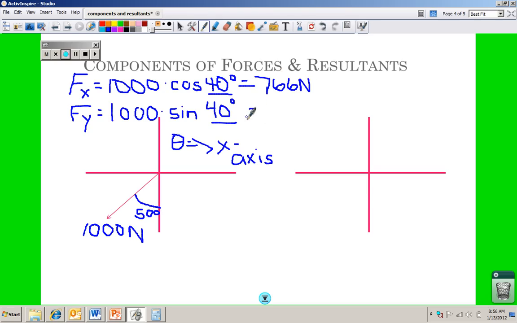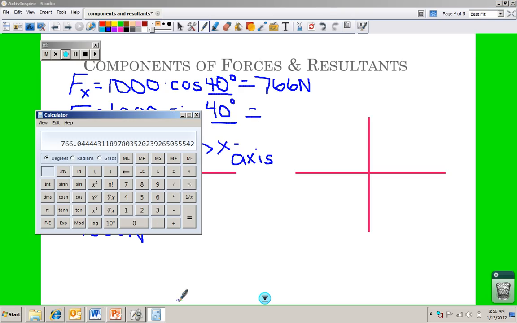Alright, and then for this one, we get 40 sine times 1,000, and we're going to get 642.8.